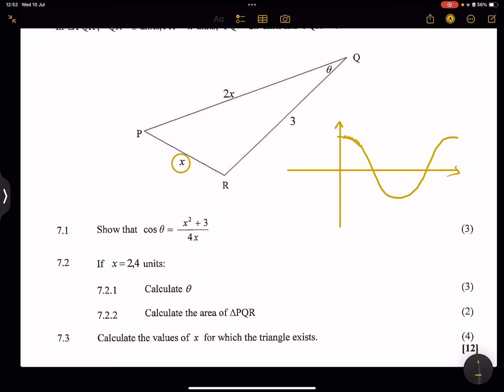Now, if you look at the graph of the cosine of theta between 0 and 90, that's where we get a positive value. Of course, I'm not referring to the other sides there, right? So this is where we're going to get a positive value. So theta must be an angle between 0 and 90.